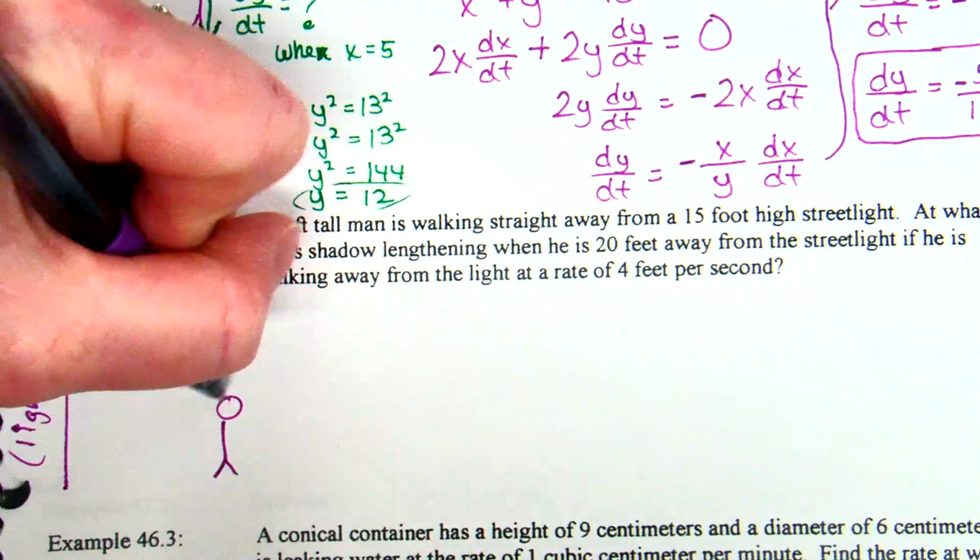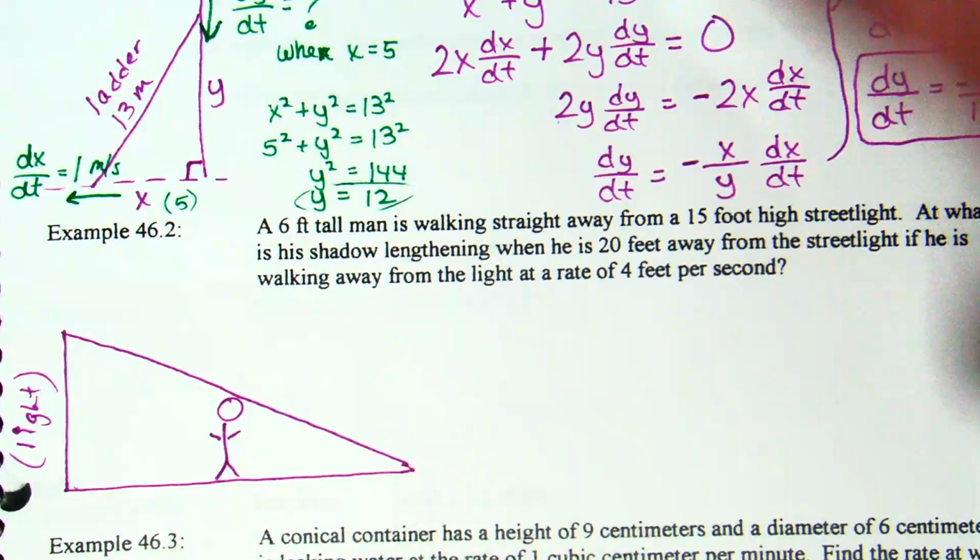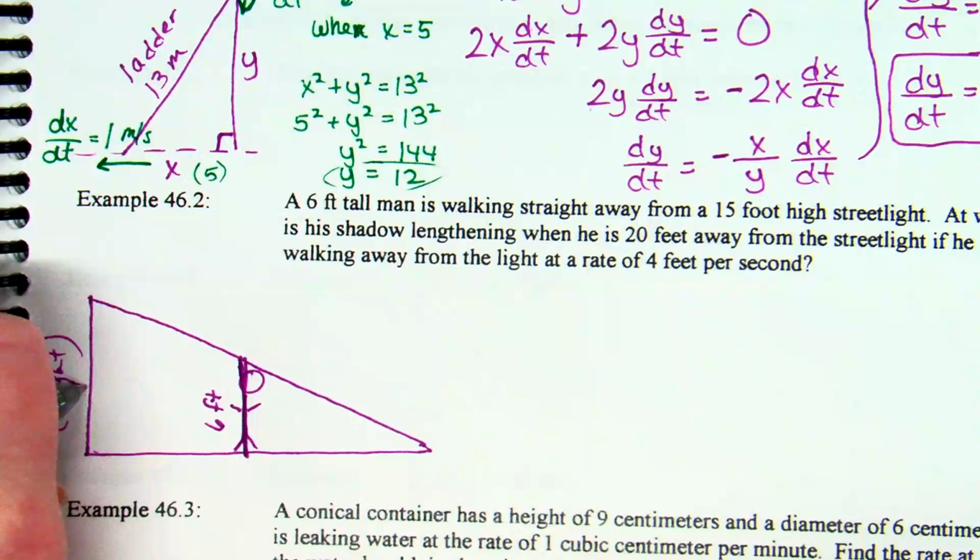So a 6-foot tall man, or as I said, human. There's my 6-foot tall man, and realize he's represented by just a straight line, right? I was trying to be fancy, and he's a straight line. Okay, 6-foot tall man. He's walking away from a 15-foot high street light. So this side over here is 15 feet.